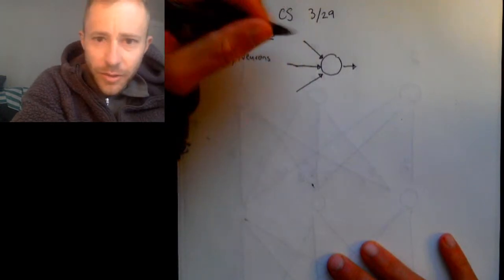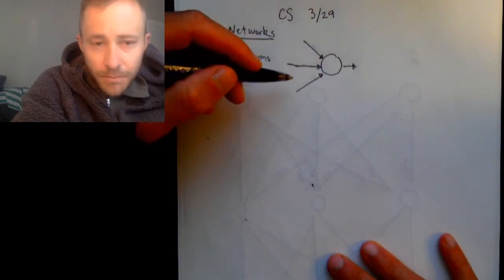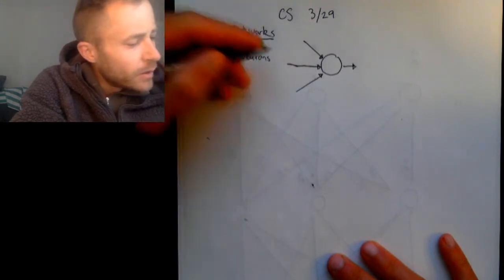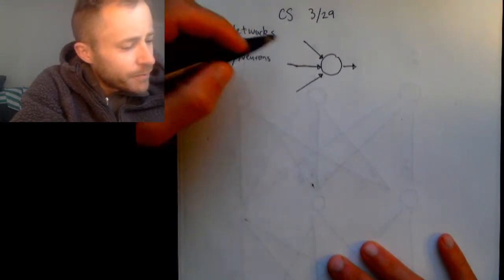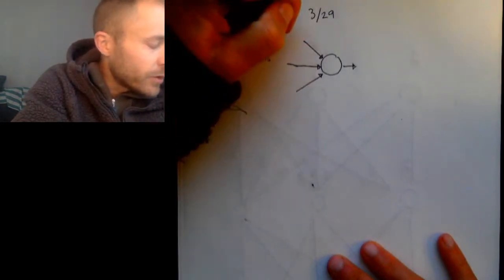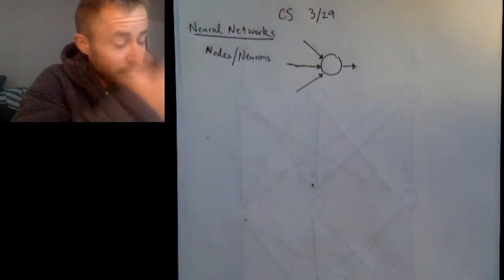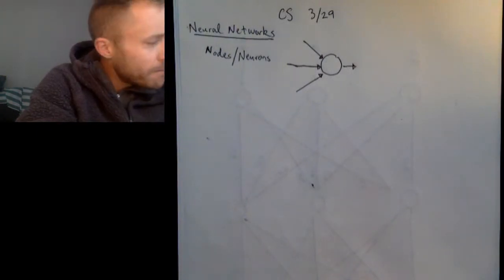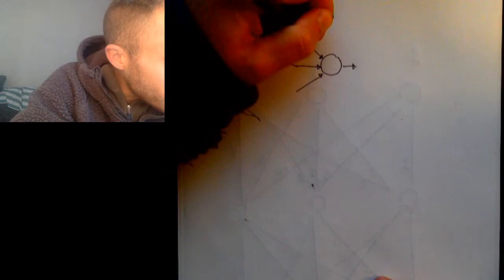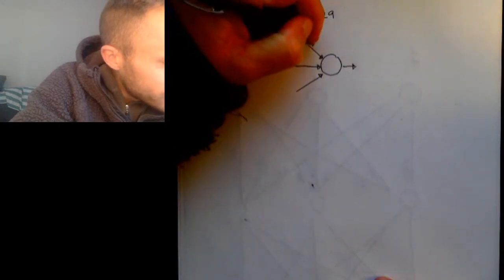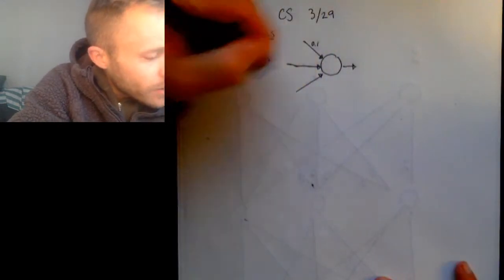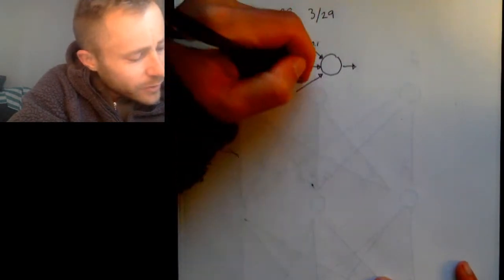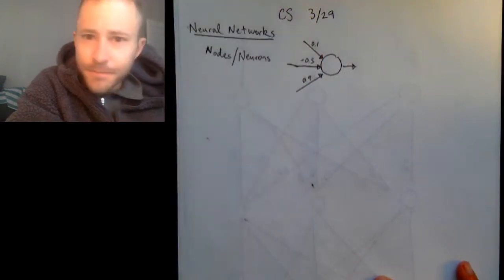Each of these inputs is going to be a double, and the output is going to be a double. So maybe the three inputs are, let's say, 0.1, negative 0.5, and 0.9.